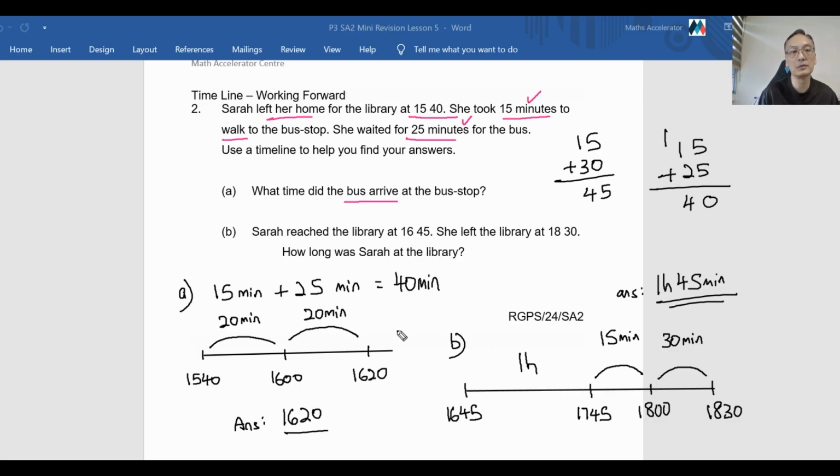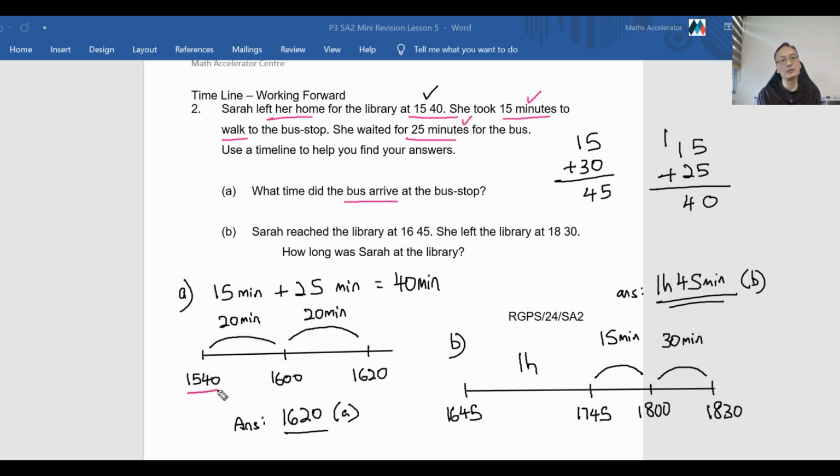All right, so that's the answer for part B, right? This is part A, and this is part B. Right, so in this question, we use working forward to reach our answers because we are given the starting time. So 15:40 is the starting time that she left her home for the bus stop.